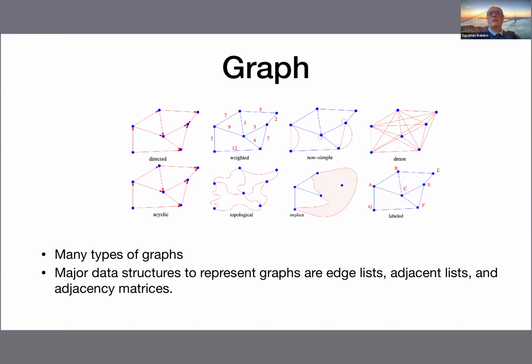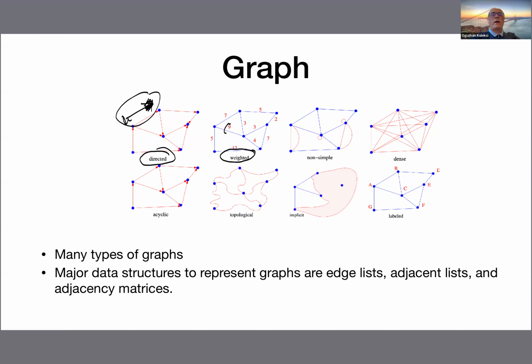So there are many types of graphs. Again, some terminology. If the edges have a direction, we call this a directed graph. If there is no direction, then this is called an undirected graph.